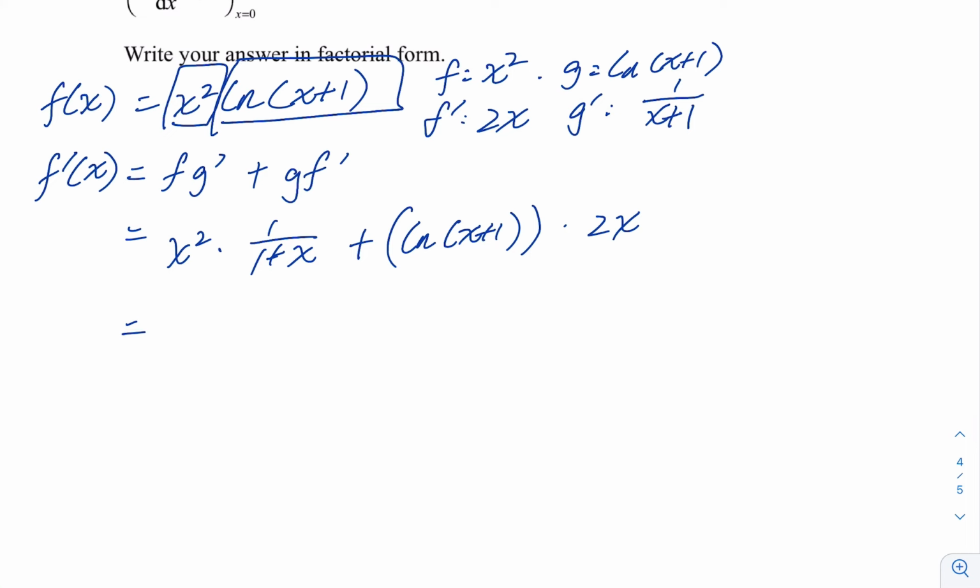So this will look something like this. Now we've got this first derivative.